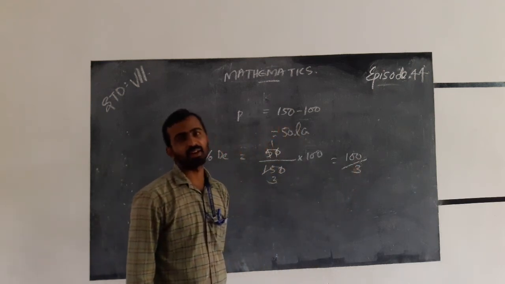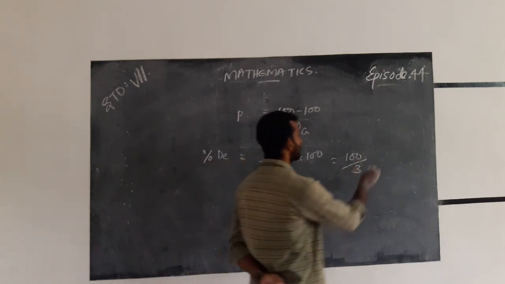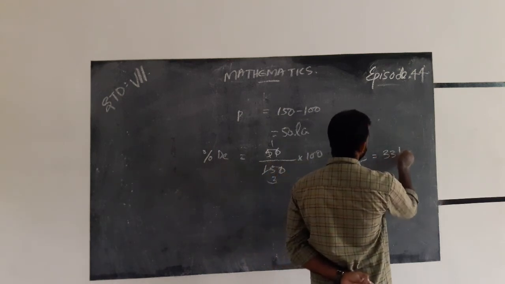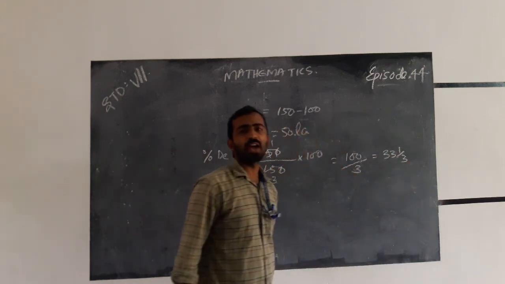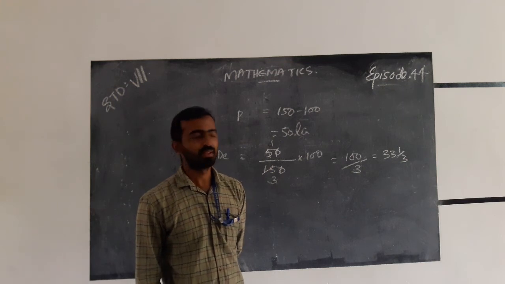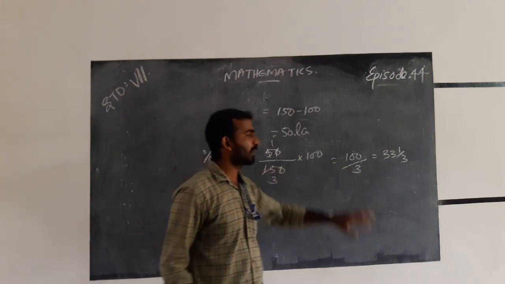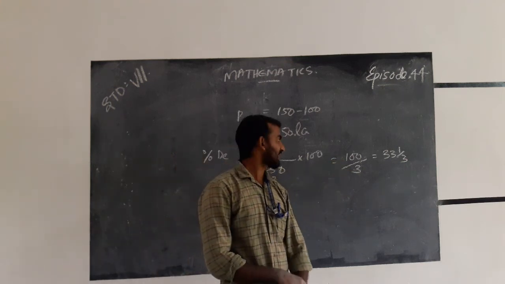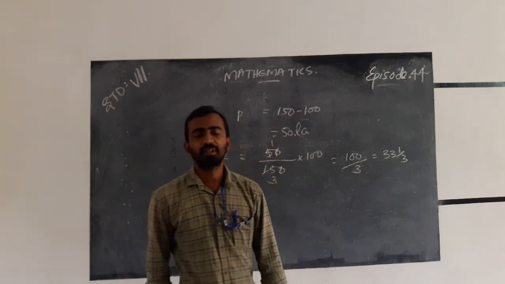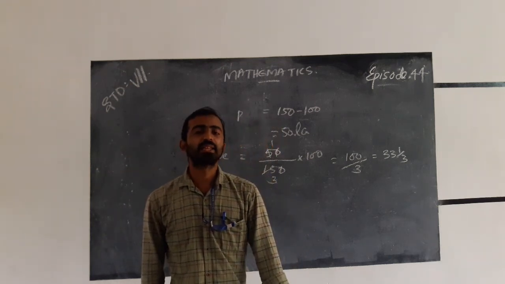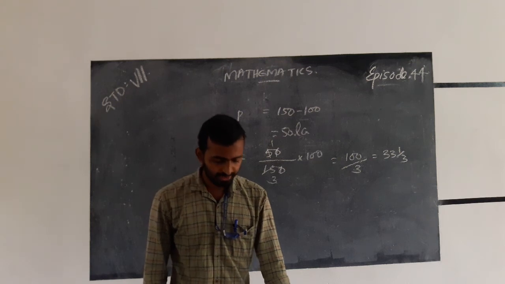That is 100 by 3. When we divide 100 by 3, we get the mixed fraction 33 and 1 by 3.